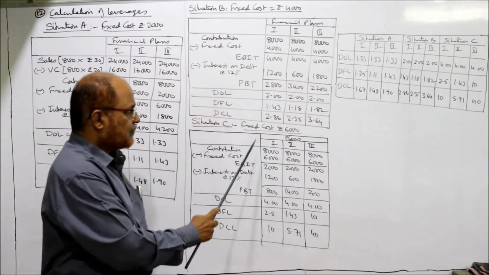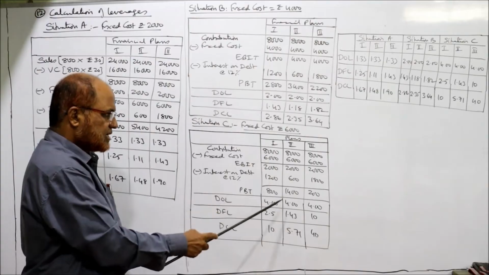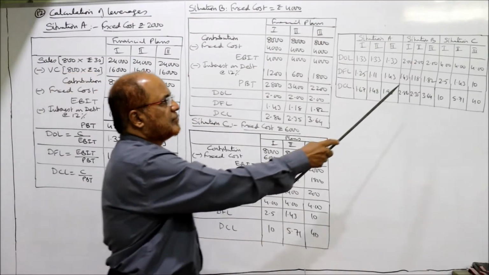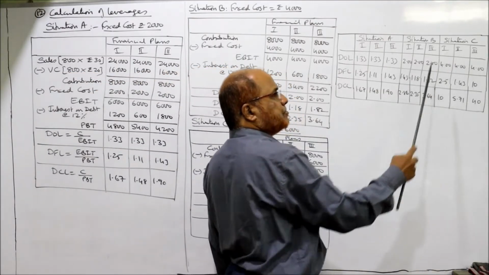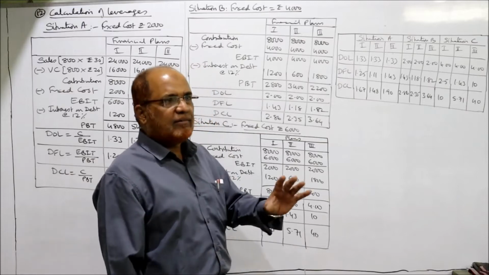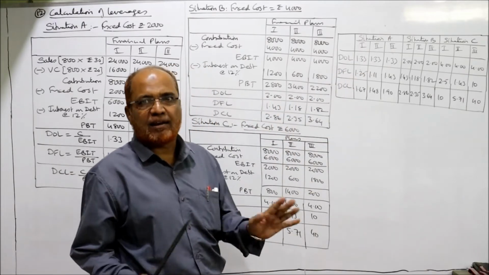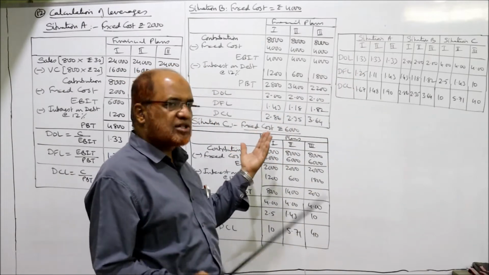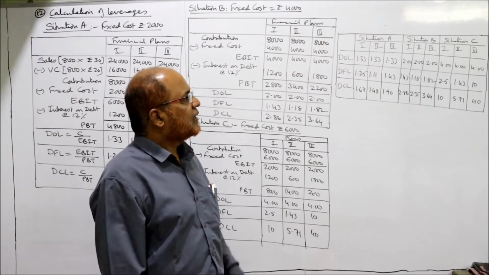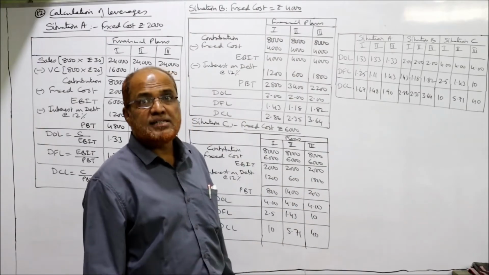Then situation C: we got DOL, DFL, DCL, I have taken here. Only leverages I have taken in this table, not calculations. The calculation part we have completed. Now the combination, DCL.